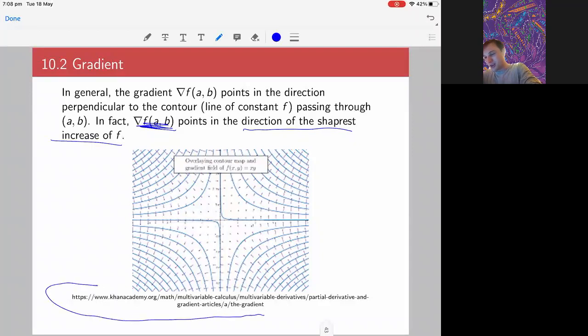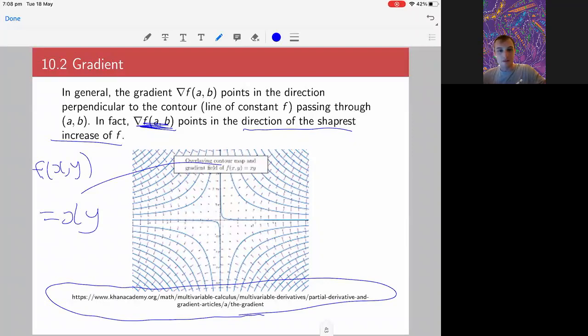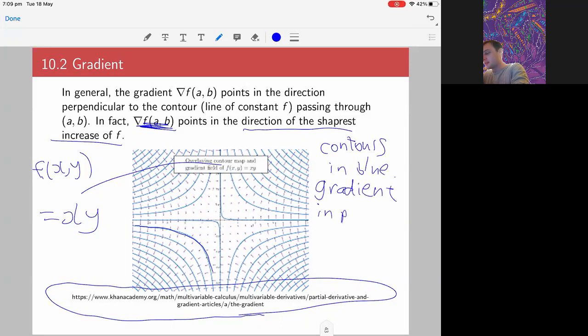I found a nice illustration of this from Khan Academy. We've got a particular function here: f of x, y equals x times y. What is happening here is we've got a graph of the contours. These are lines where the function is constant, and those are in blue. On the other hand, the gradient at each point has been evaluated.